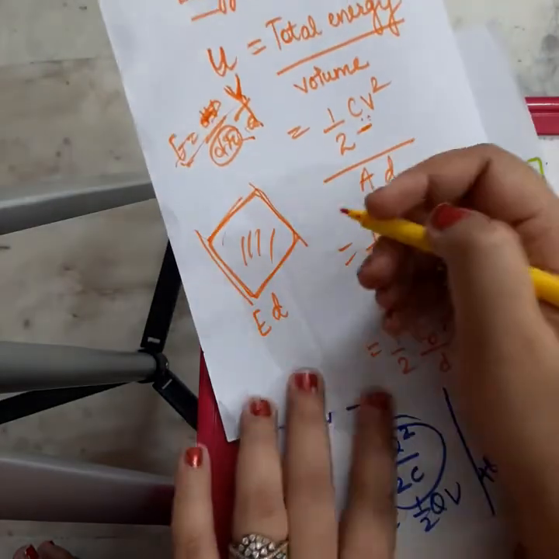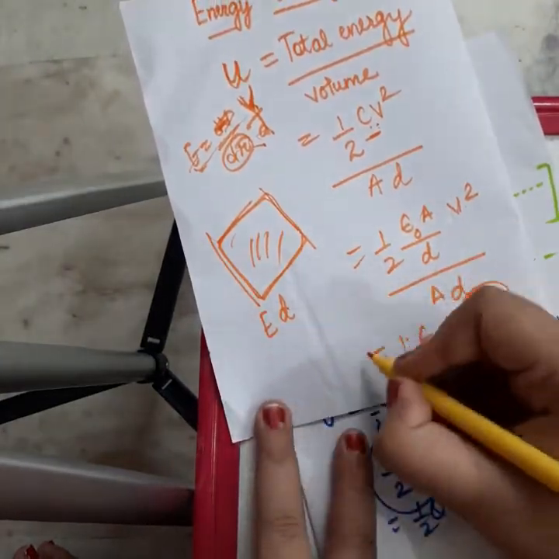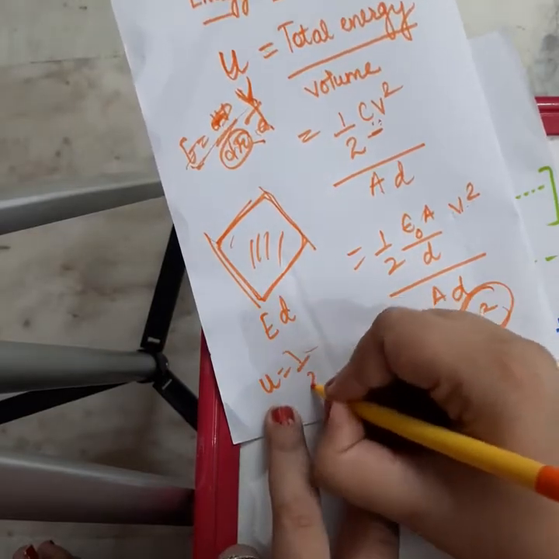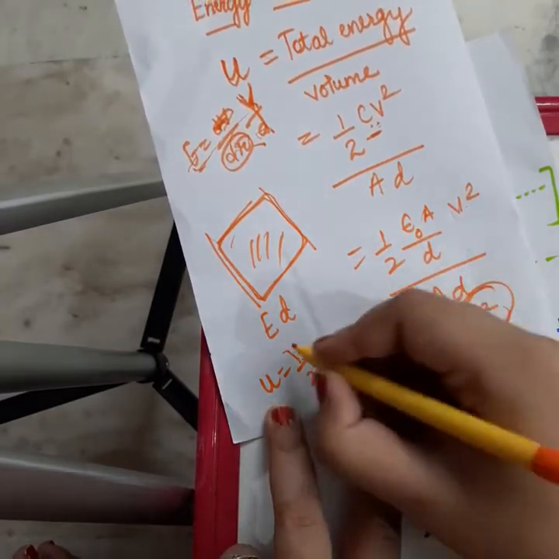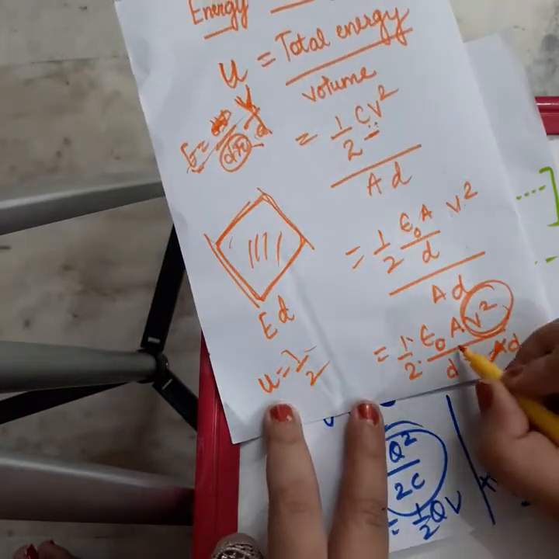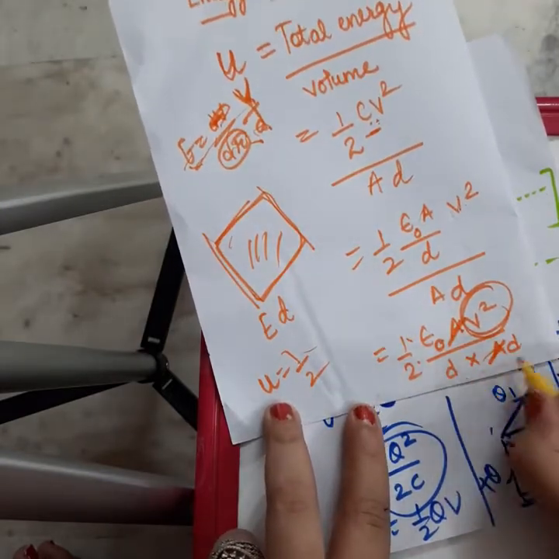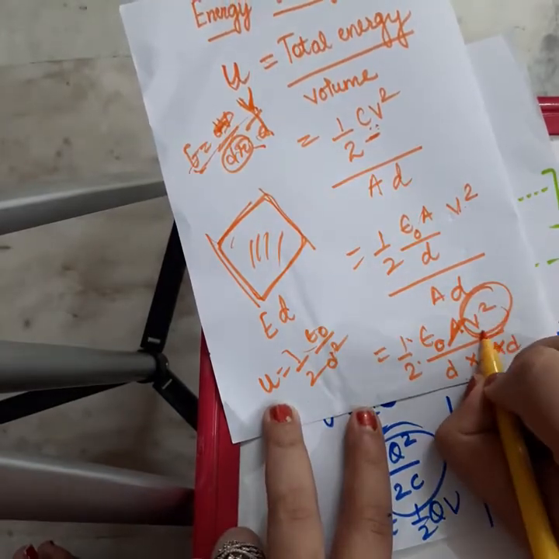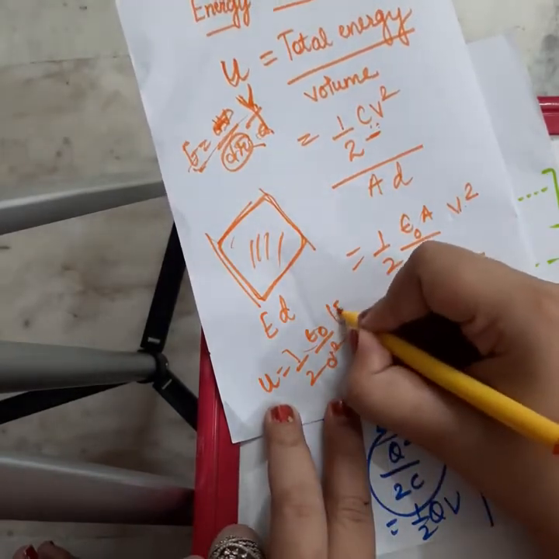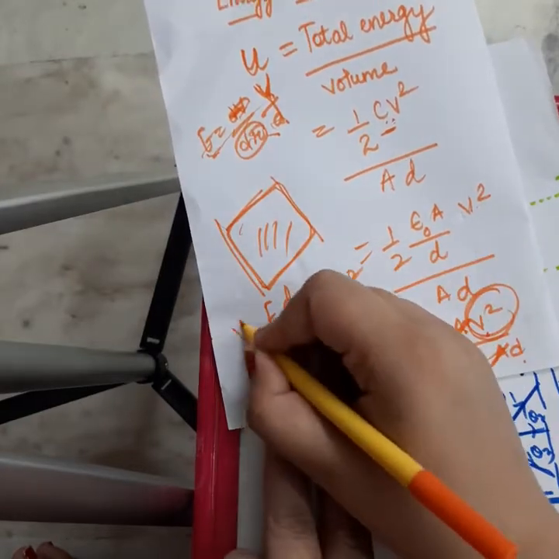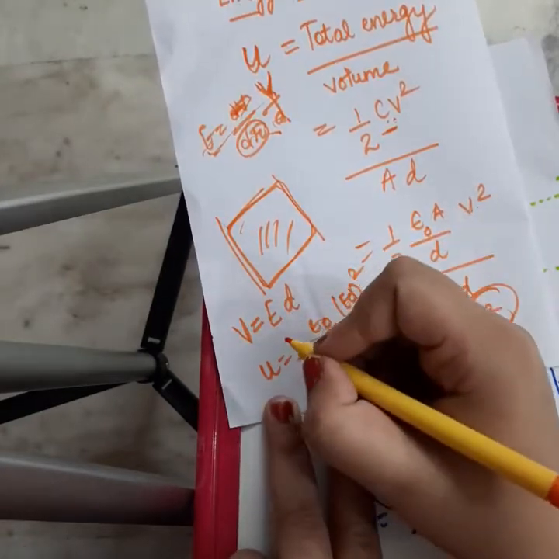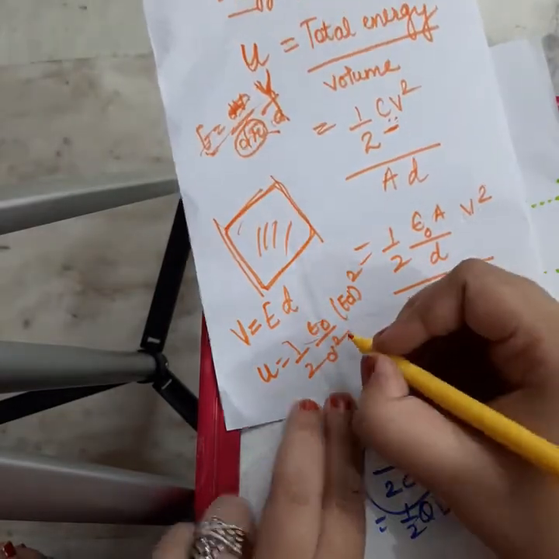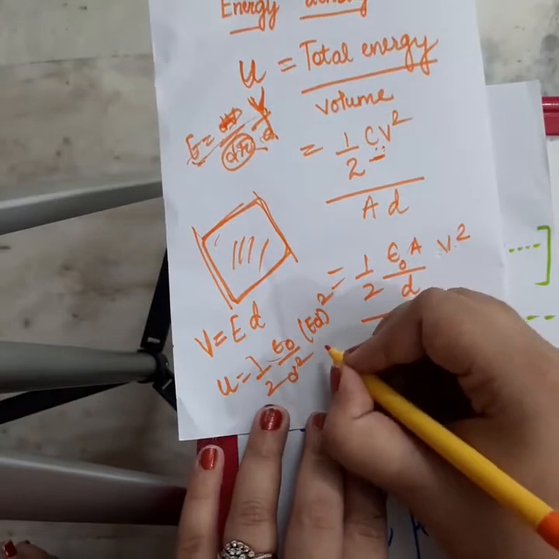So the energy density small u is equal to 1 upon 2 as it is, epsilon naught A, A cancels, epsilon naught upon D square as it is, and in place of V square I write ED whole square, because V has the value E into D.